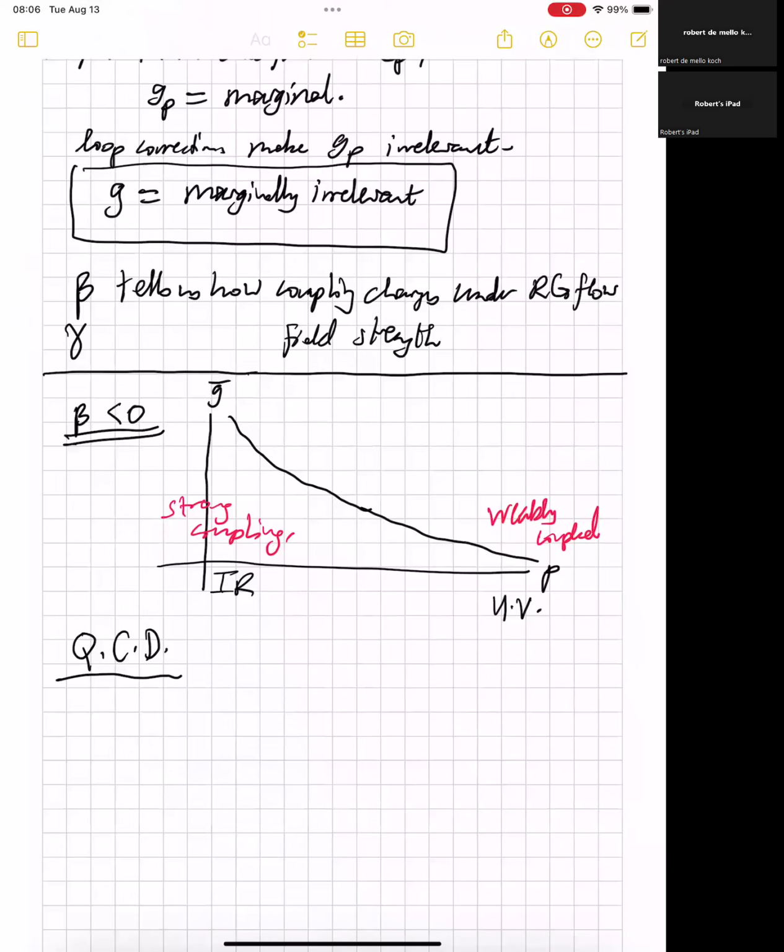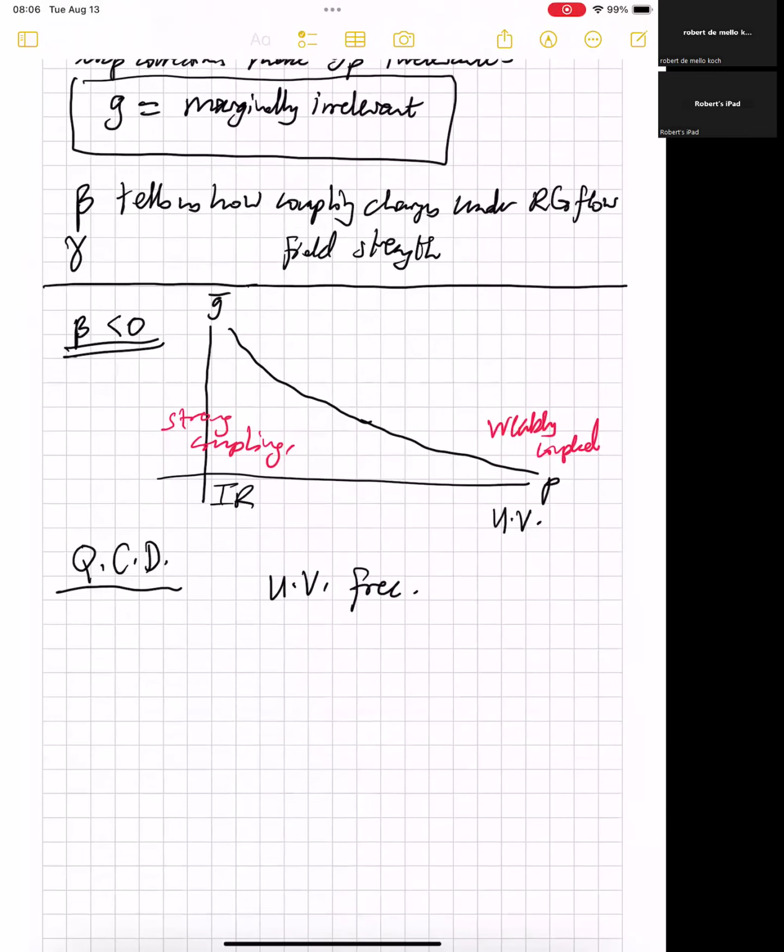This theory we say is UV free, and that's just because the theory becomes free at high energies. This statement that the theory becomes free at high energies is basically just a bunch of gluons and quarks that are weakly interacting. This is called asymptotic freedom.